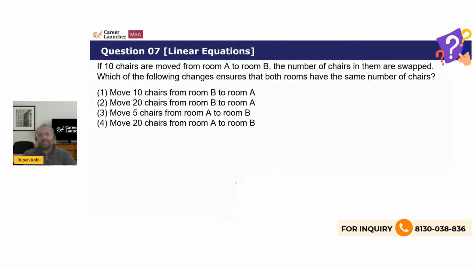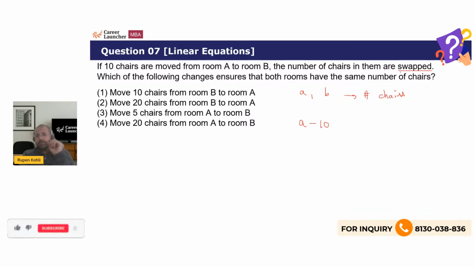So, if let's say small a and small b denote the respective number of chairs in the two rooms, then after moving 10 chairs from room A to room B, room A will have a minus 10 chairs.